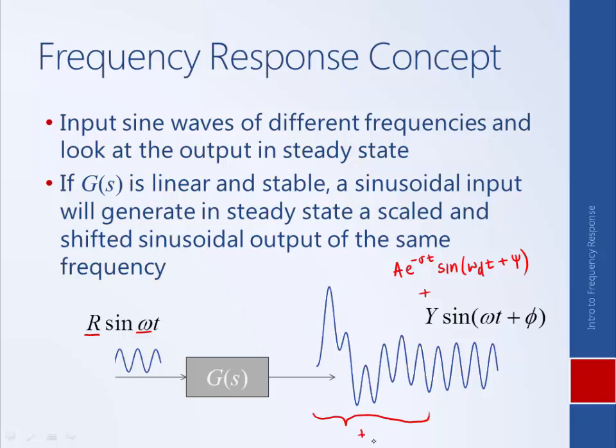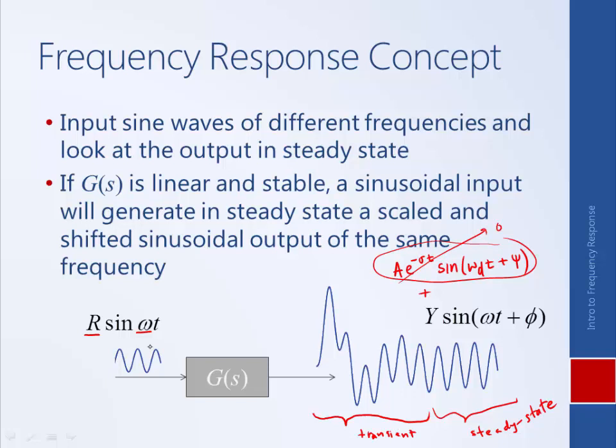This transient part, the natural part of the system, will die out as time goes to infinity. So this decaying sinusoid will approach zero as long as the system is stable. And that leaves this part, which is the particular solution in steady state, and it has the same form as the forcing input.